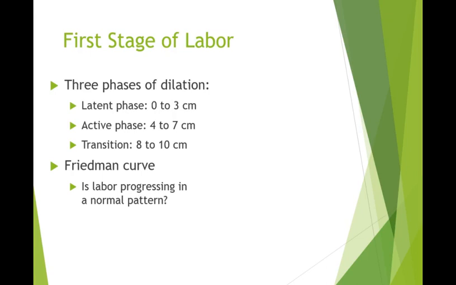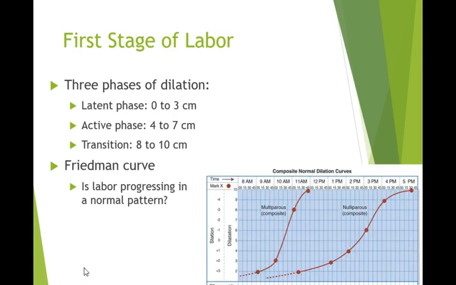The Friedman curve is an assessment tool that labor uses to assess whether or not the labor is progressing normally. That's definitely going to be important, because if there's anything that we need to be concerned about, it needs to be identified fairly quickly. You can find this graph on page 433 at the bottom.